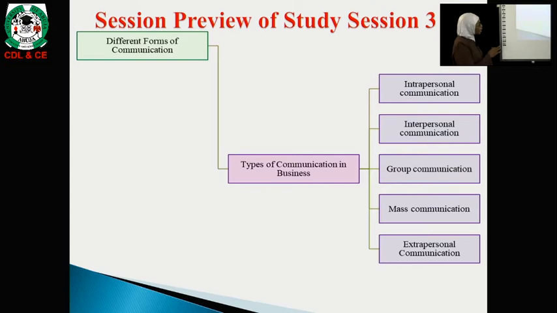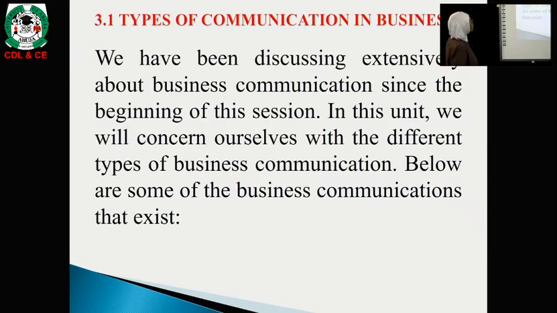Then extrapersonal communication is that communication that takes place between humans and machines, or machines and machines, and it is the advancement of our technological age. We use it day in, day out, and it's part of what you are still using now. So let's go and see what we have on that.